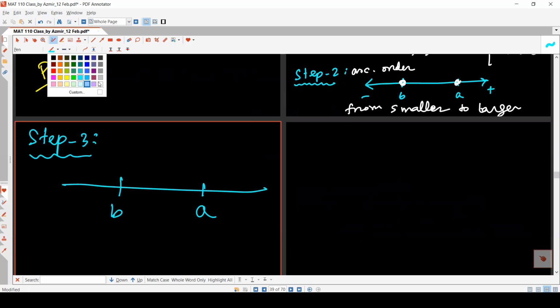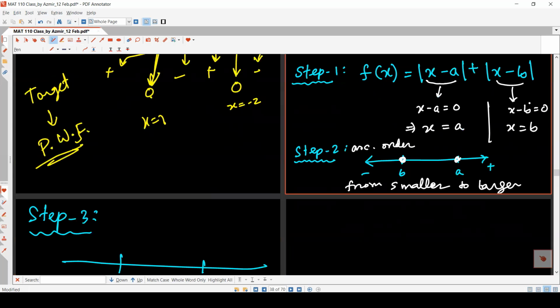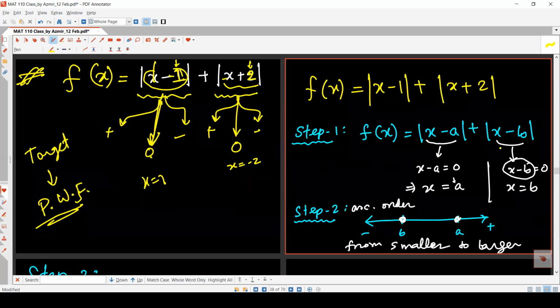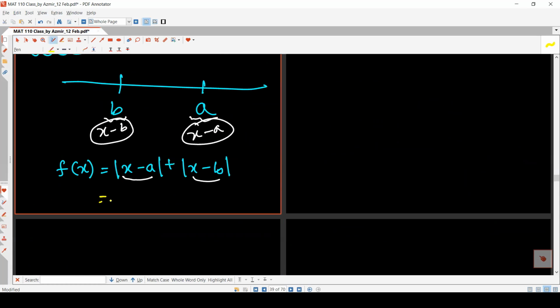Step 3, we have, let's say, b and a. b is smaller than a. b has come from x minus b. a has come from x minus a. Previously, the function that we have, we have to rearrange or reorder this function because b comes first. b is smaller, so this part should be written at first.